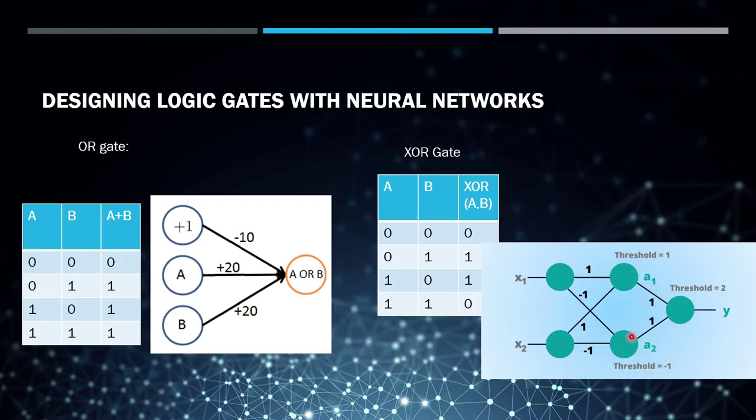So we get a 0 from here and a 1 from here. If we do 0 into 1 plus 1 into 1, we get 1. So the input to the activation function of the final layer will be 1. The final layer has a threshold of 2, and 1 is less than 2, so the output will be 0. So we see that if the inputs x1 and x2 are both 0, we get the output of 0.